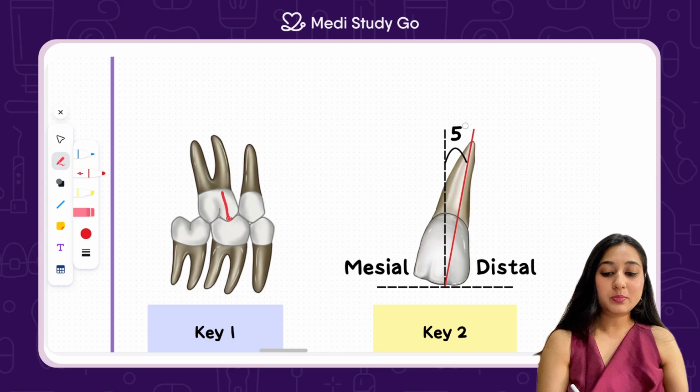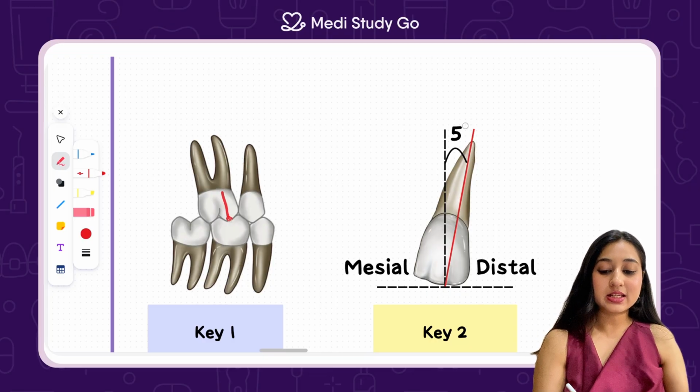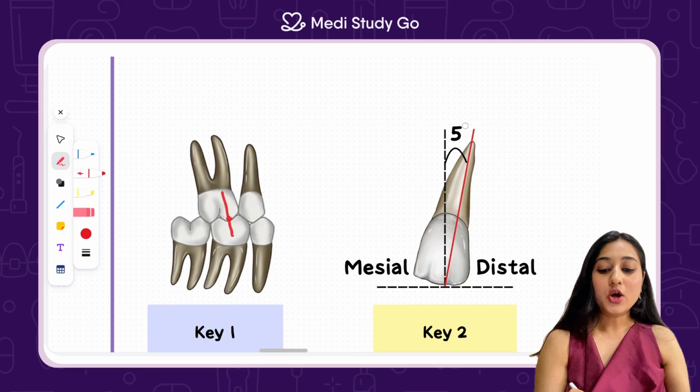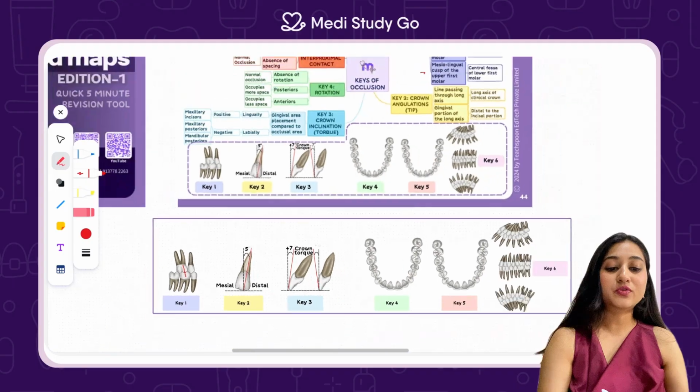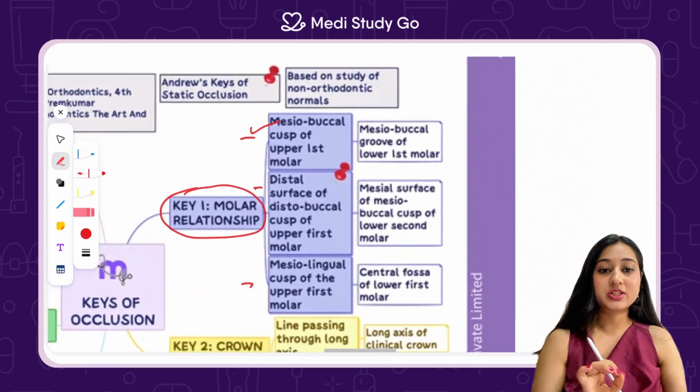Here is the tip of the mesiobuccal cusp, and this is the groove that is present between the buccal and the mesiobuccal cusps in the lower molar. So the upper mesiobuccal cusp should occlude with the groove in between the mesiobuccal and the buccal cusps of the lower permanent first molar. This is the first criterion for the molar relationship in the first key.